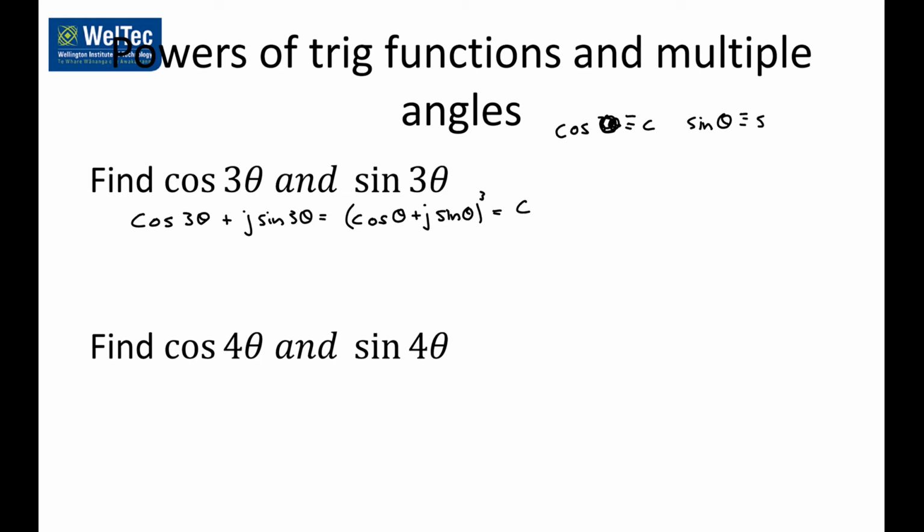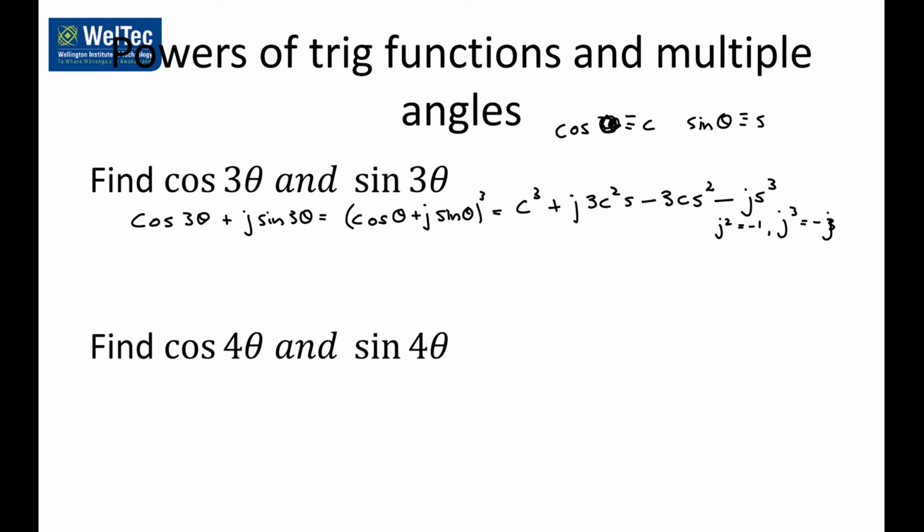So C cubed plus j 3C squared S minus 3CS squared minus jS cubed, because j squared equals negative 1 and j cubed is negative j.